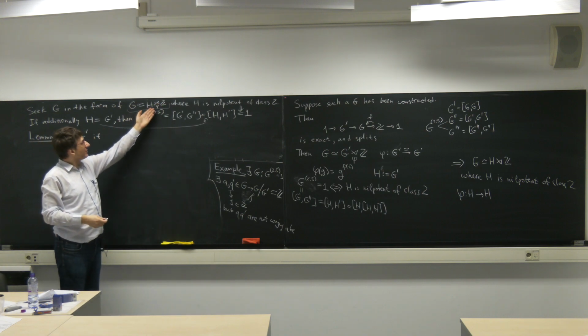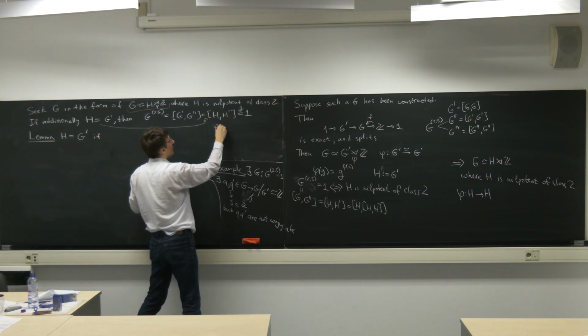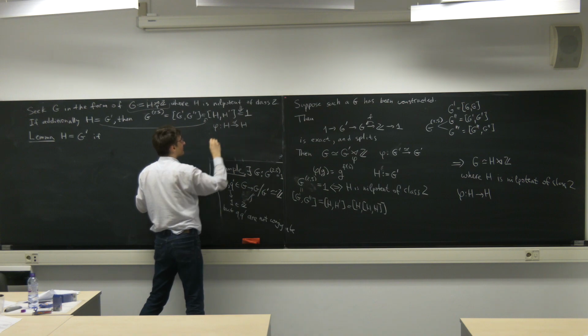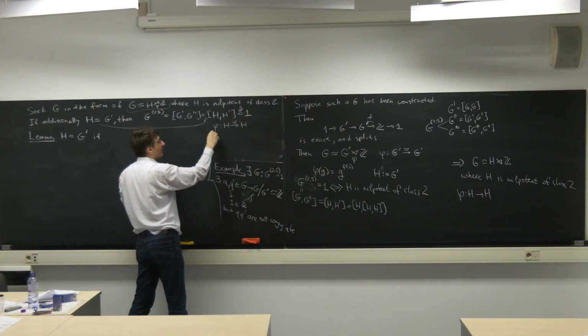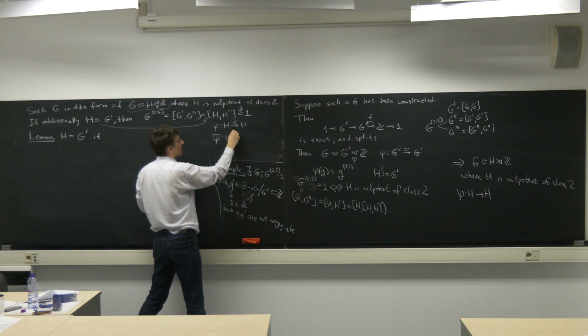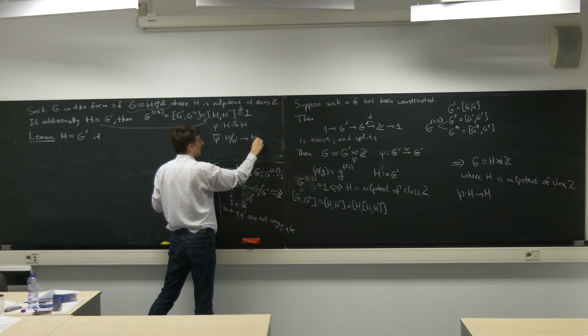Yes, so the semi-direct product should be along some automorphism. So phi will be an automorphism of H. And also we have, let's call it phi bar, an automorphism of the abelianization of H, which is induced by phi.